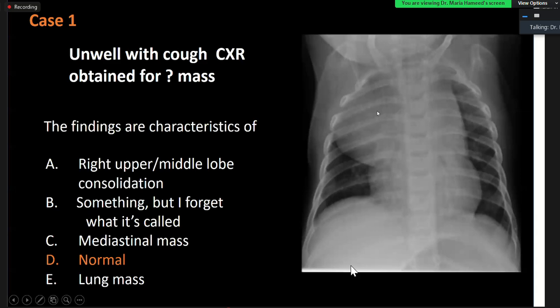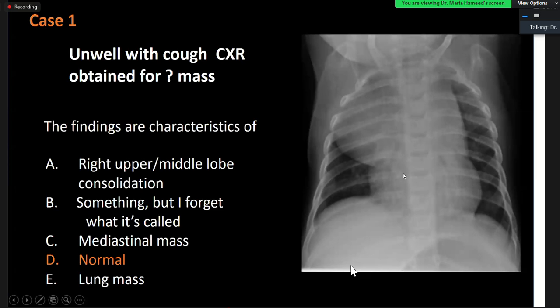But if you focus on this opacity, what is the consistency of it? If you compare this opacity with the right lobe of the liver, the liver is so much denser. This opacity is rather transparent. Here you see many bronchovascular bundles, not obscured by the mass, and they are seen through it. Moreover, there is a nicely demonstrated trachea, the carina, and right and left main bronchi, but there is no compression at all.